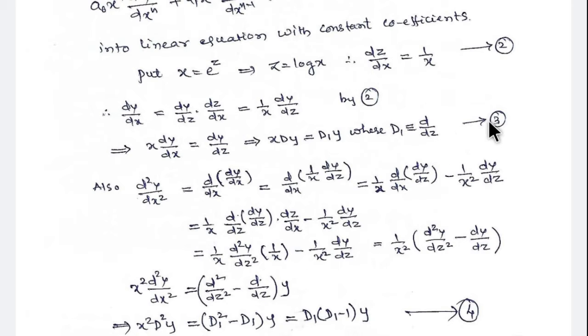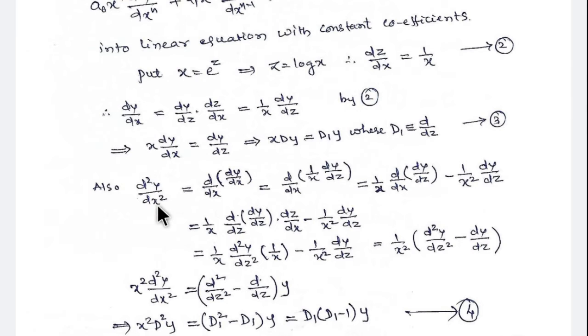This we call equation 3. Wherever this term x into dy by dx appears, it is replaced by D1 y.